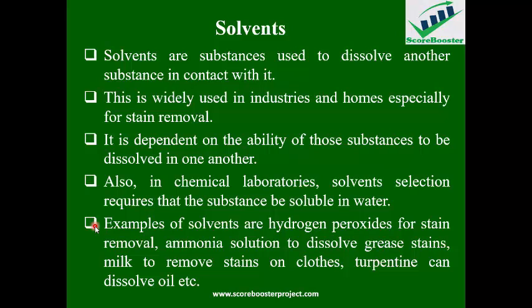Instead, we employ the use of detergent, or some other type of wash, and this is based on the ability to dissolve another substance. That is the principle that solvent selection is based on if we want to use it.